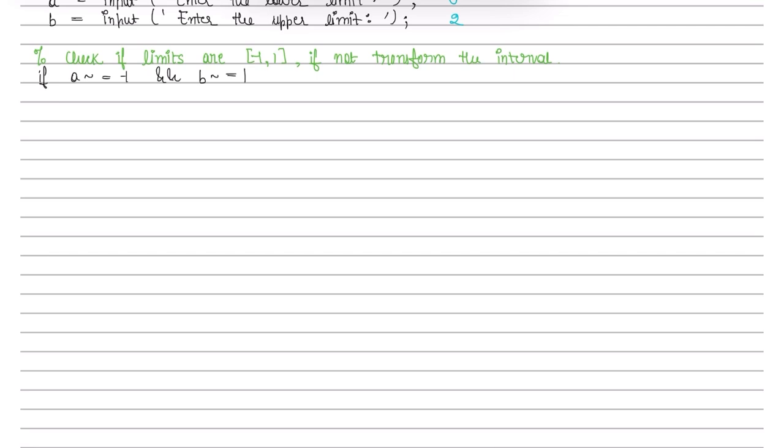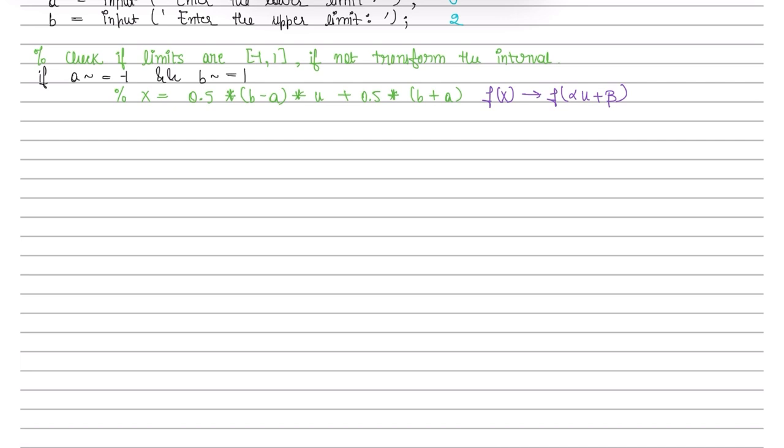Then we have to replace the x value by 0.5 into b minus a into u plus 0.5 into b plus a. So basically, we have entered a function f of x and we will transform it into the variable u by replacing x as alpha times u plus beta, where the value of alpha is 0.5 into b minus a and the value of beta is 0.5 into b plus a.